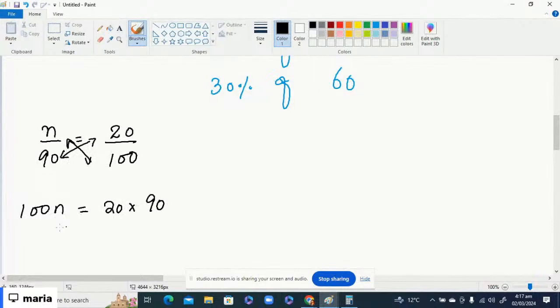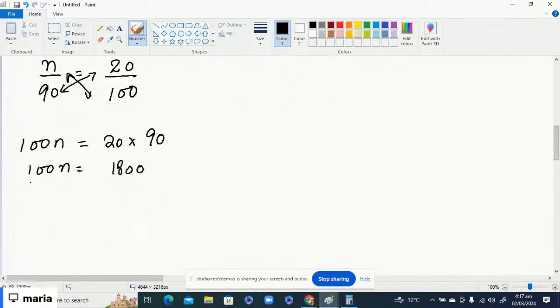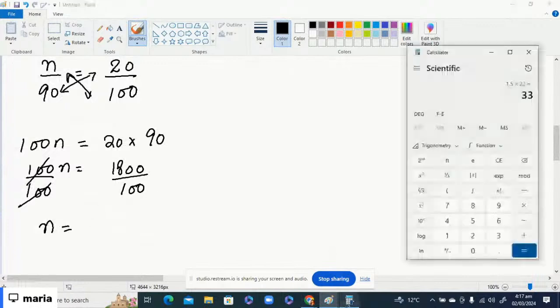That is 1800. Okay. Now divide on both sides by 100. So this should be cancelled. That is n. And here the answer is 1800. When you divide over 100, the answer is 18.